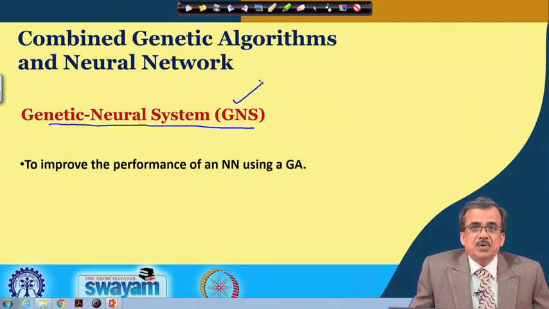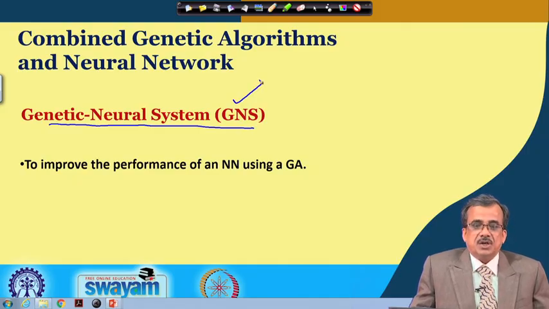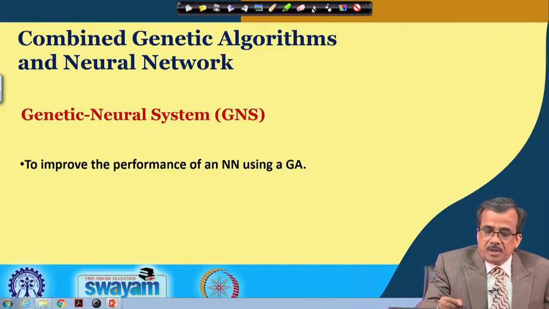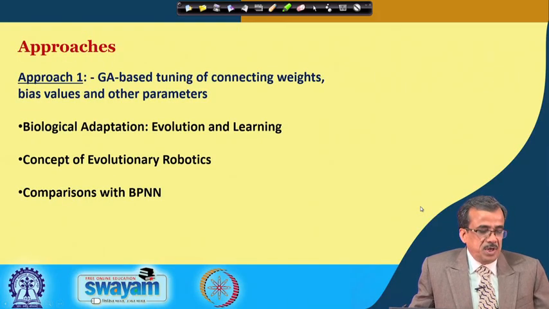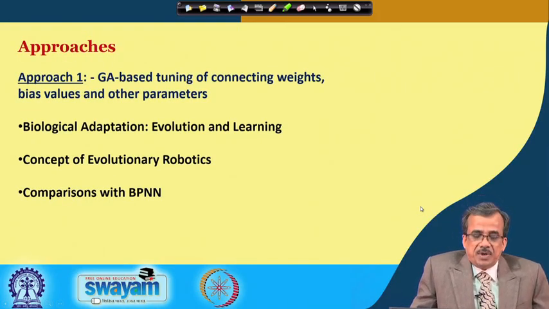Now, let us see how to optimize the performance of a network using the principle of evolution of this genetic algorithm. Now, the performance of a network actually depends on a number of things.